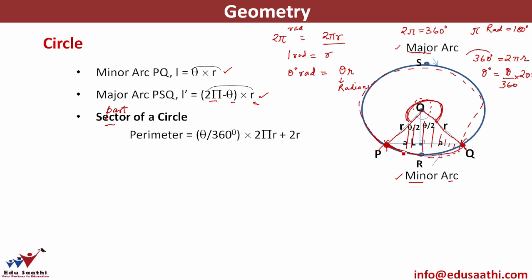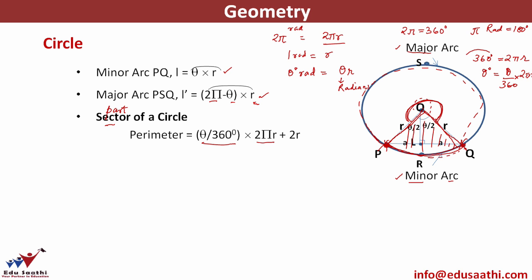Perimeter would be this length of the arc, which I have already calculated, plus this radius and this radius. So length of the arc in degrees is given by theta by 360, which is the angle at the center, into 2 pi r.